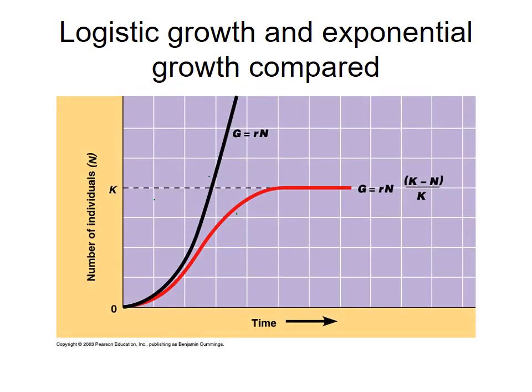So, logistic growth compared to exponential growth. Now here is our exponential growth. And here is our logistic growth, or our logical growth. And of course, this line is kept like this because of limiting factors.